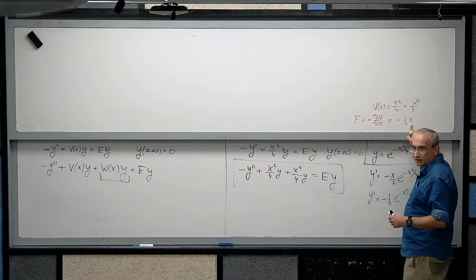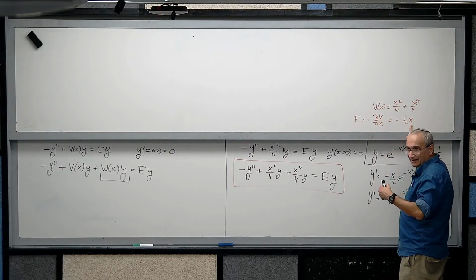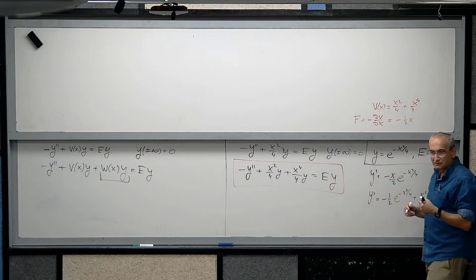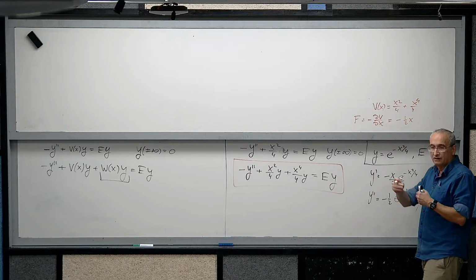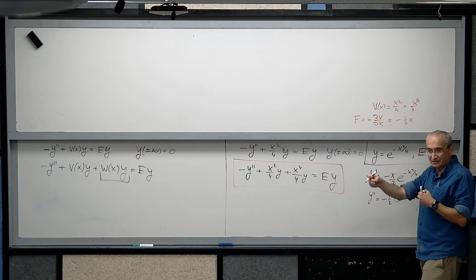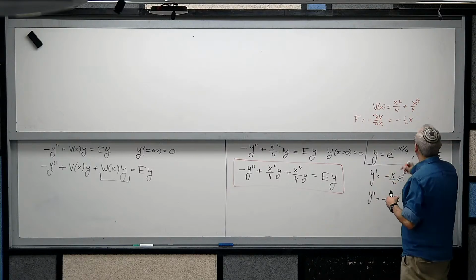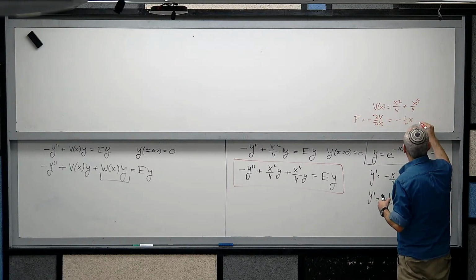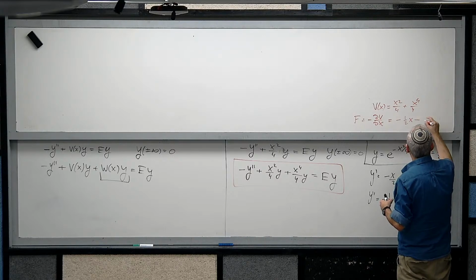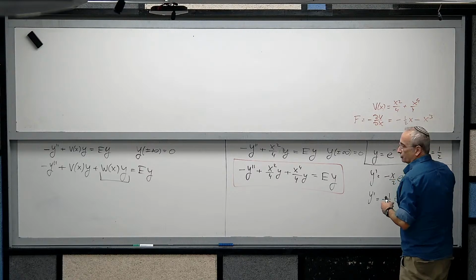So this is Hooke's law. You get a force that takes you back to 0 when the force is proportional to the displacement, right? But then you have now another term which is minus x cubed.